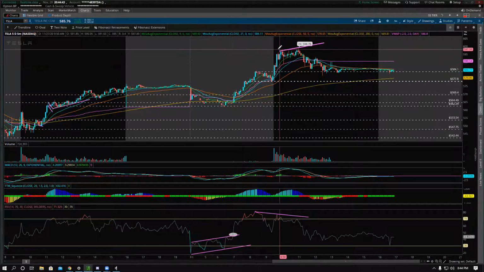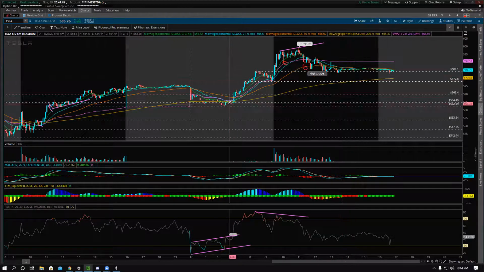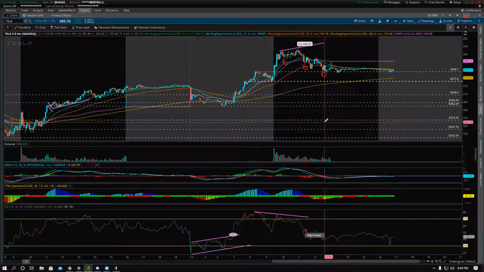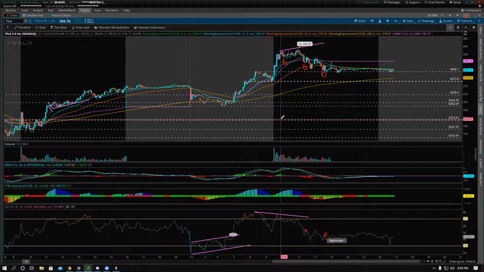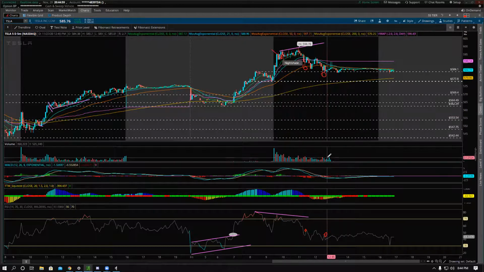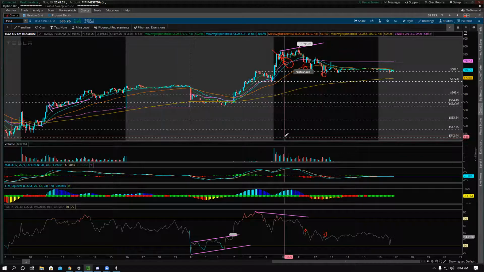If I look at all of these wicks right here, they are going to have little spikes somewhere in the RSI. Those 3 circles, that's one spike right there, that's another spike, and then this circle right here is down here.